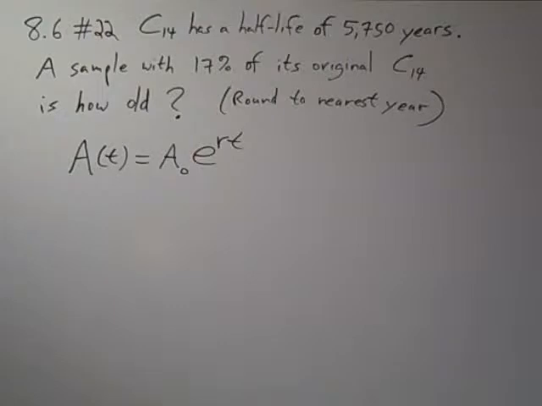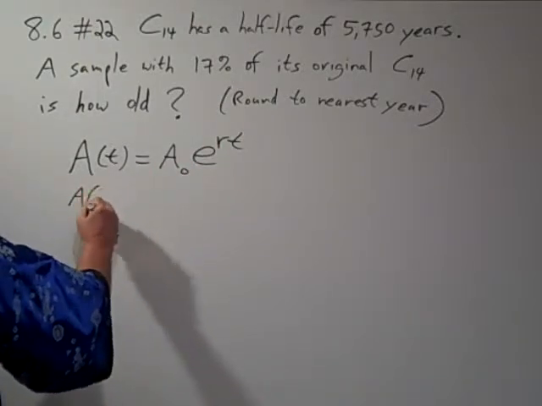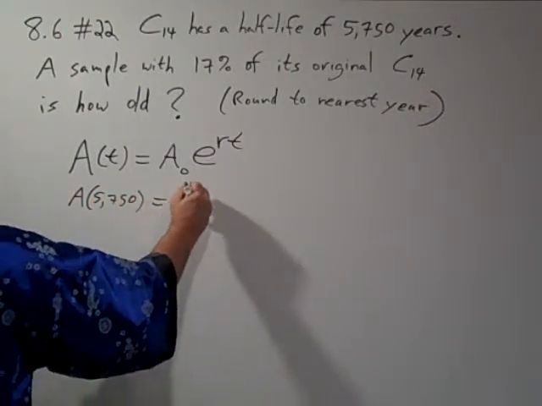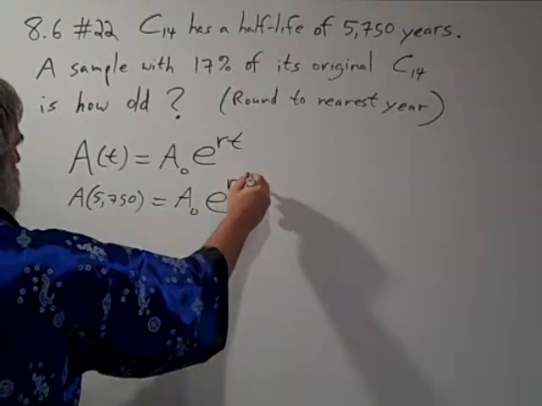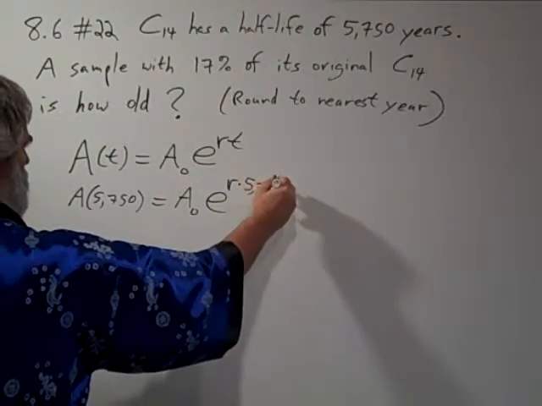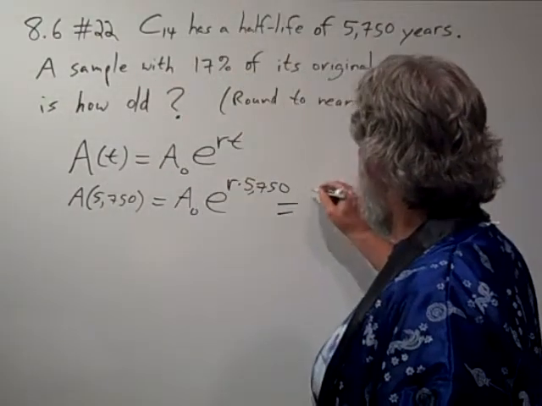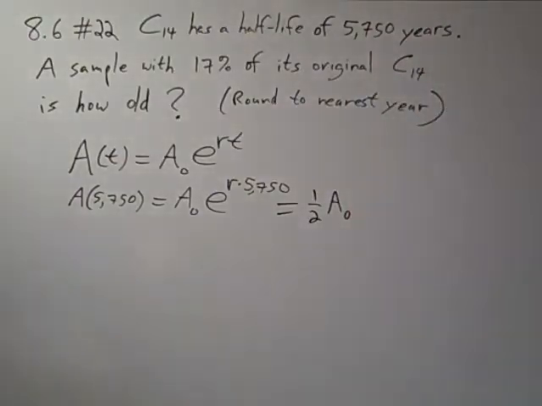Let's find r using the half-life. So we know that after 5,750 years, the amount will be half as much as we started off with. Well, it's 1/2 of the initial amount.